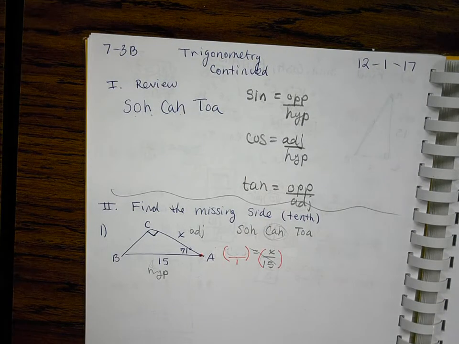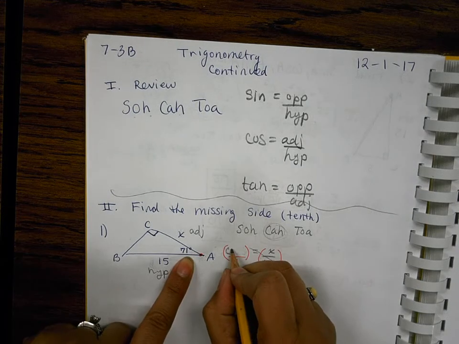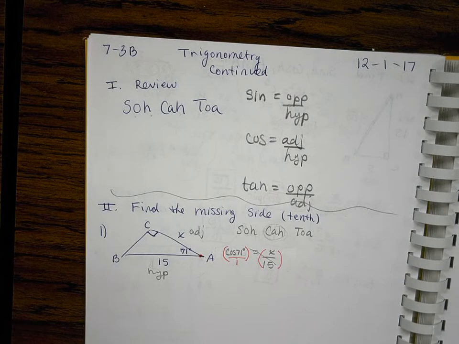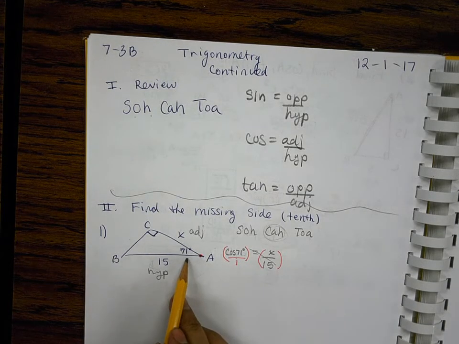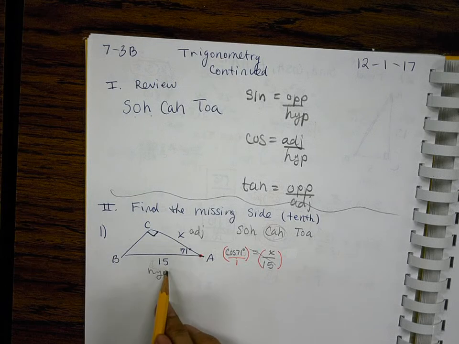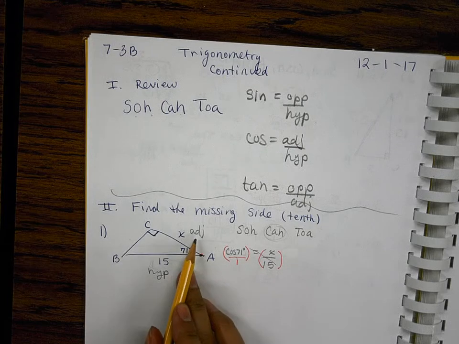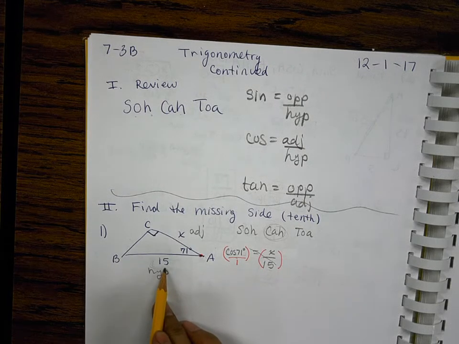Cosine of angle A, or in this case, since we know it, cosine of 71. Please fix that as well. Cosine of 71 equals adjacent over hypotenuse.